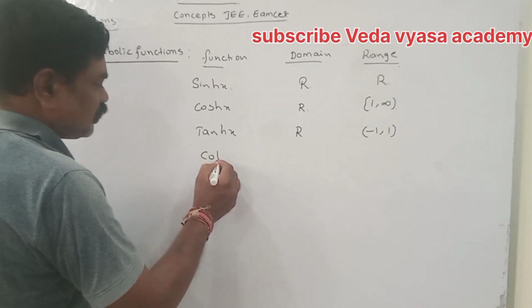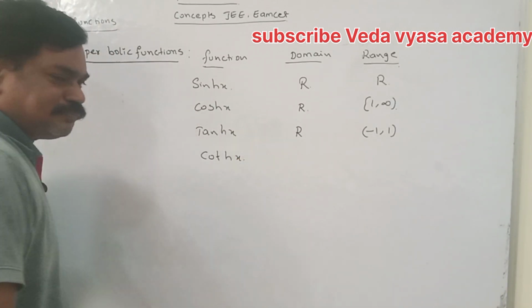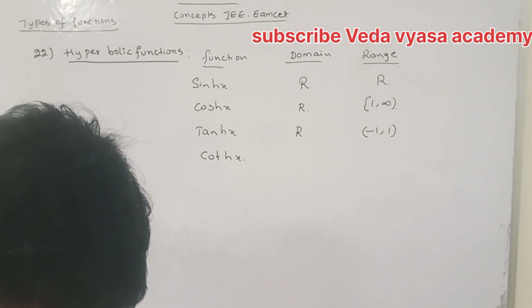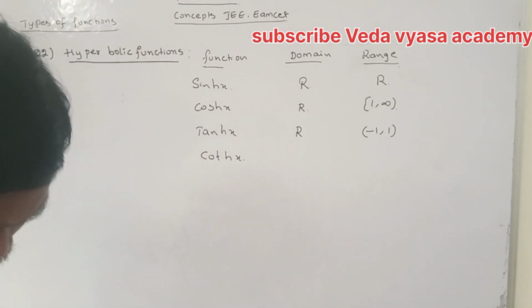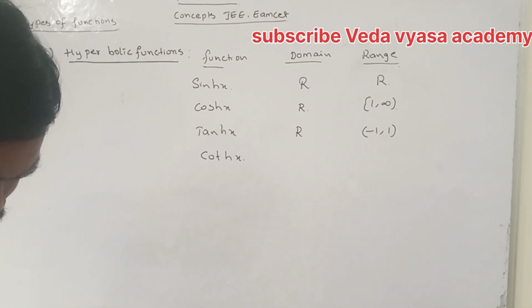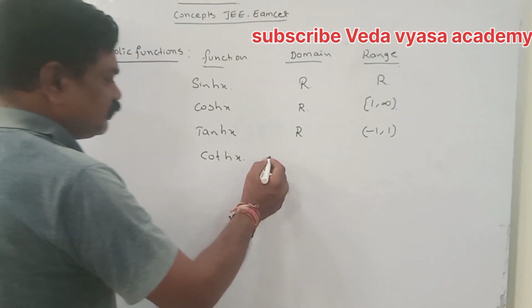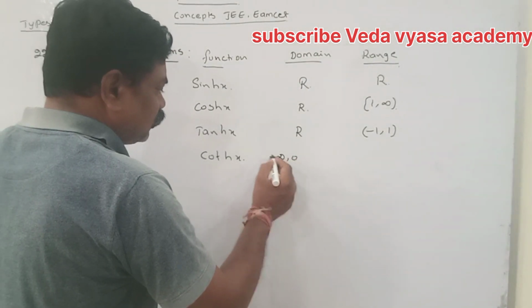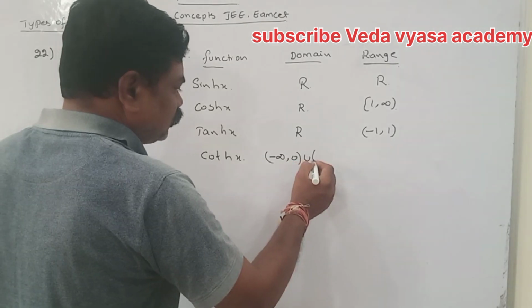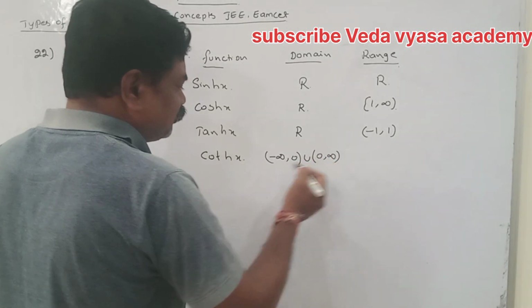Next, the cot hyperbolic function. The domain is the open interval minus infinity to 0, union 0 to infinity.